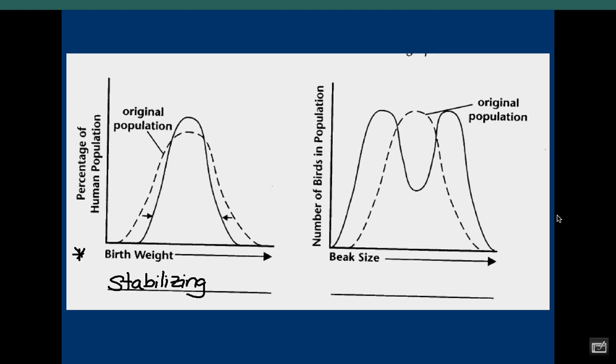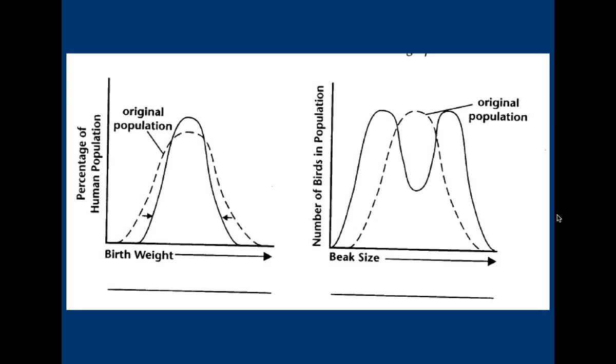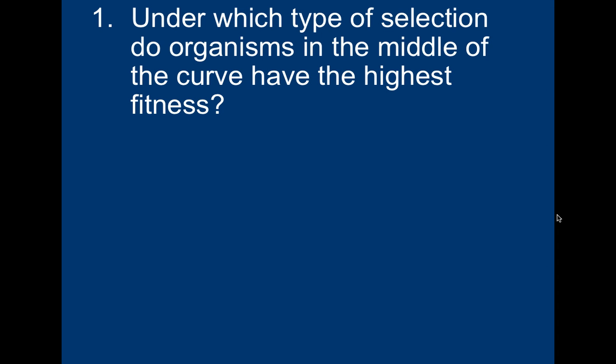With the one on the right, we can see that the middle of the curve dips down and we get that split. That is disruptive. All right, under which type of selection do organisms in the middle of the curve have the highest fitness?